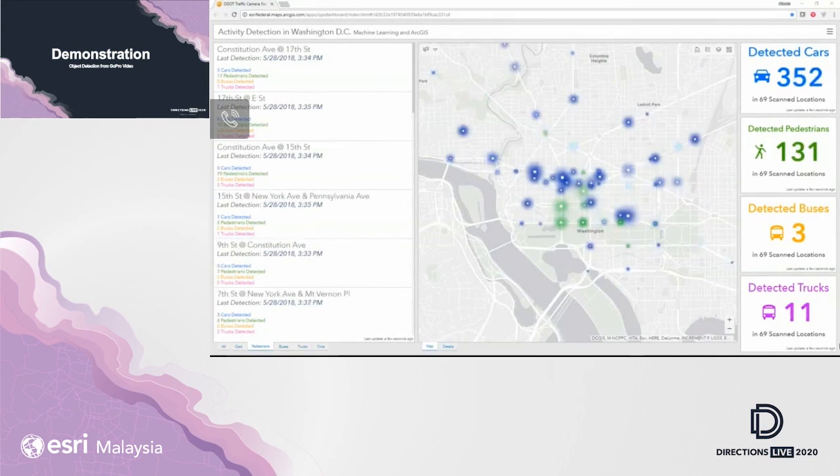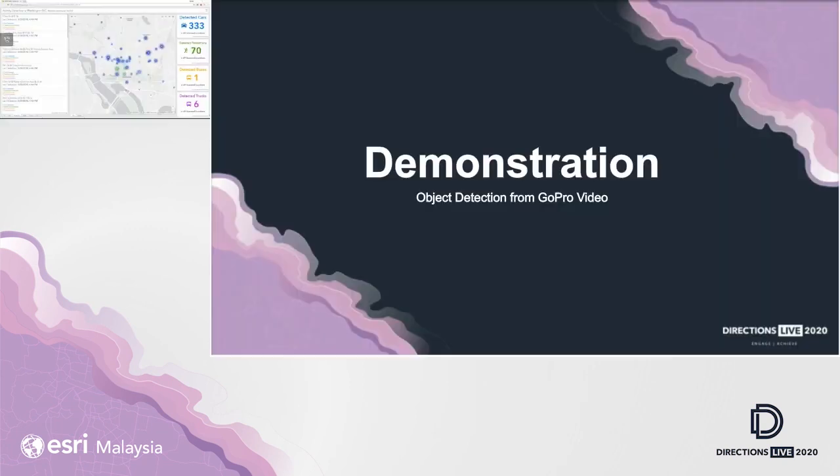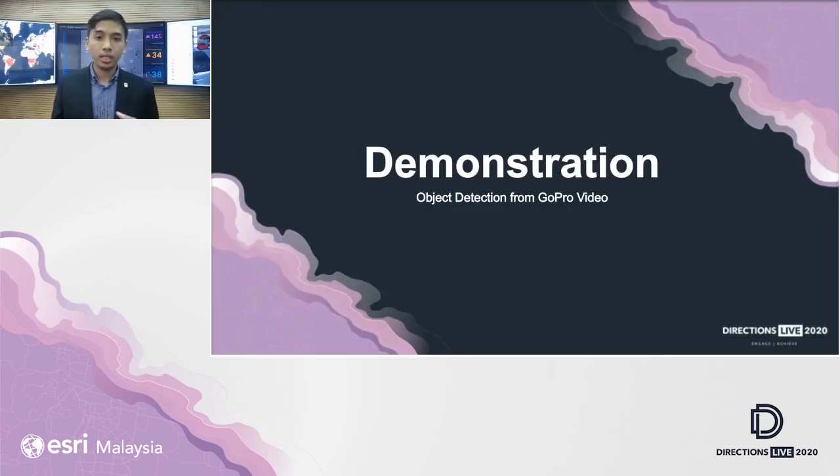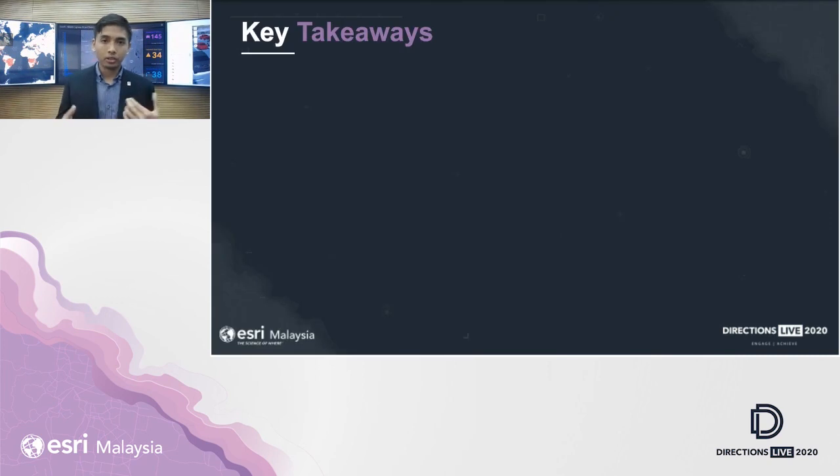From there, you can monitor different time frames, for example in the morning or in the evening, which areas are prone to certain activities. This is a way you can apply it as resource mobilization, for example for a police force to optimize their resource mobilization.